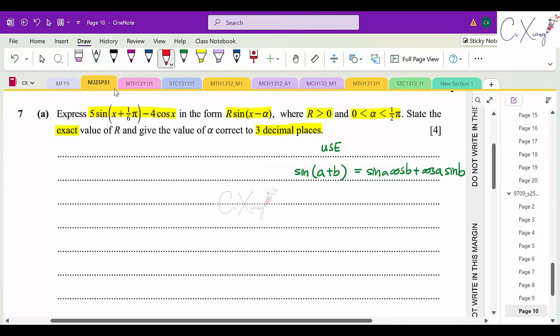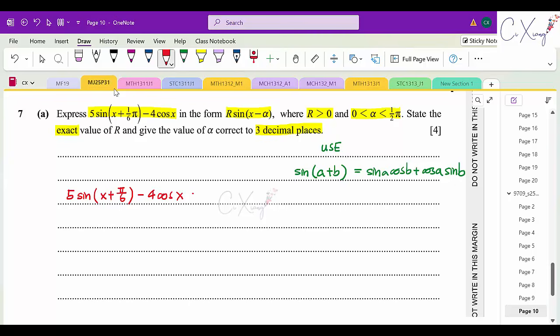Okay, so first of all, I'm having this equation. Expand sine of x plus pi over 6 by using this formula. I'll be having sine A cos B, then plus cos A sine B, minus 4 cos x.